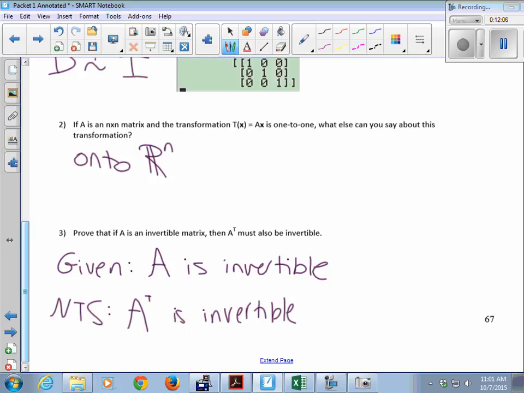If a matrix is invertible, that means that it has... All of these things are true. But what is the definition of being invertible? It has an inverse. Yeah. And what is the definition of an inverse? It undoes the original and turns it into the identity. Okay.